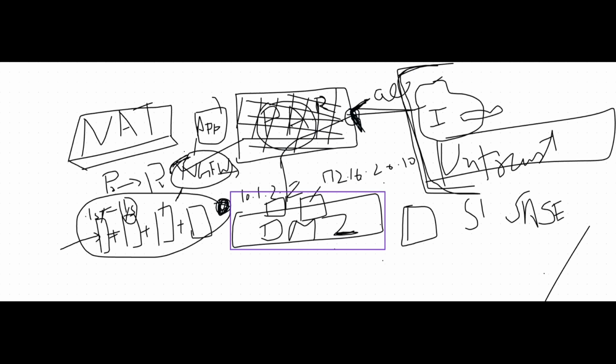I'll just clear it up and explain. Suppose this is a firewall, you have the internet here, and this is your external interface.